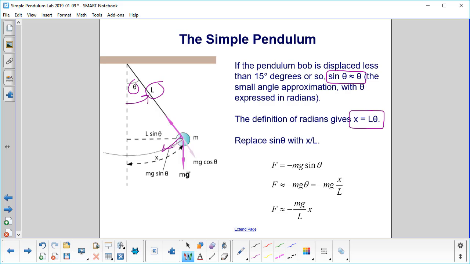So we're going to replace sine theta first with theta, and then theta is x over L. When we make the substitutions, we find our force is pretty close to minus mg over L times x. So this should start looking a little bit like the simple harmonic motion for a spring, which is minus kx.